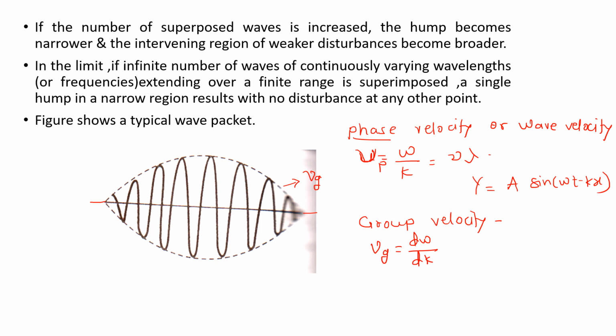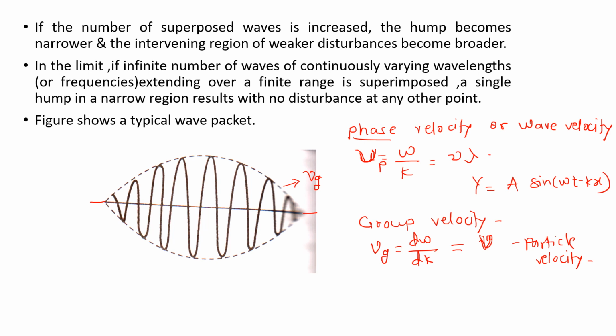By a simple derivation, it can be shown that this d omega upon dk comes out to be the particle velocity v only. So then it becomes an acceptable result. The velocity with which this wave group moves is equal to the particle velocity v. So now it becomes acceptable, right?